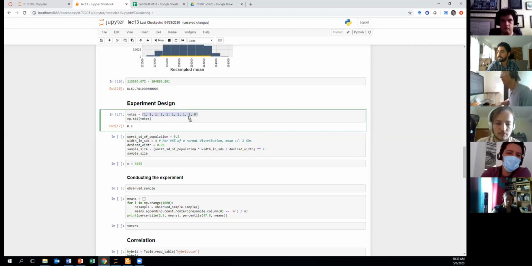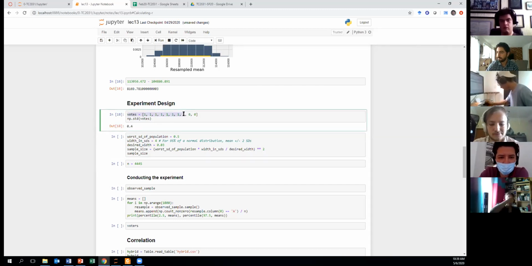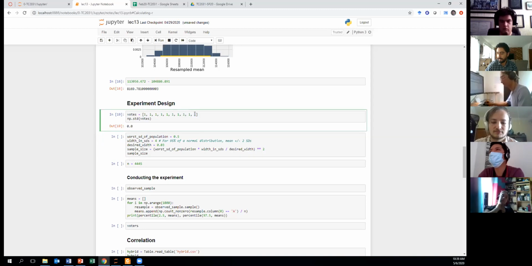What if this is 0? What if 80% are voting for candidate A? I'm going to get this. Of course, if all are voting for candidate A, the standard deviation would be 0. That's for a uniform distribution. Of course, we get 0 always here.